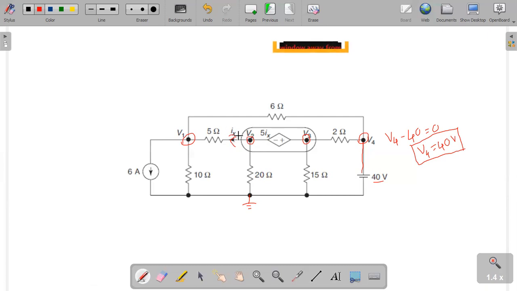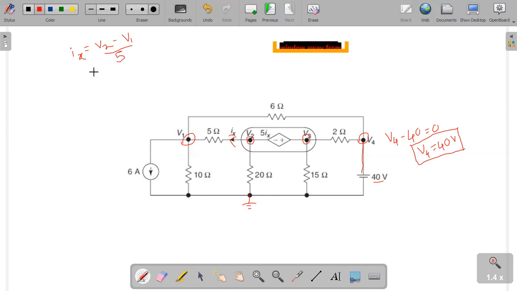So using Ohm's law, I can write Ix, taking into account the direction of Ix, which is from node 2 to node 1, Ix is equal to (V2 minus V1) upon 5.